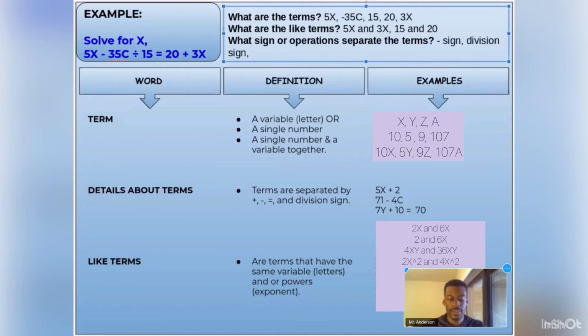The equal sign and the plus sign. Okay, those are the operations, with the exception of the equal sign. Equal sign is not really an operation, but those are the operations and/or signs that separate each term.